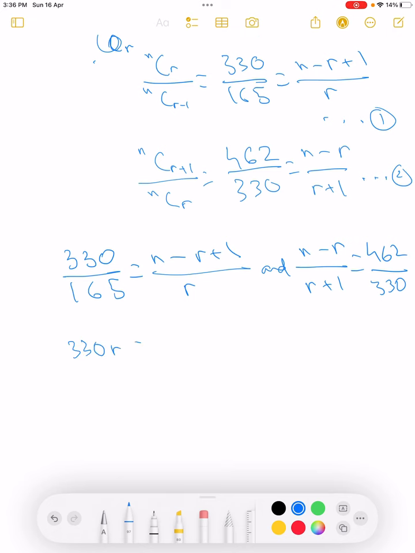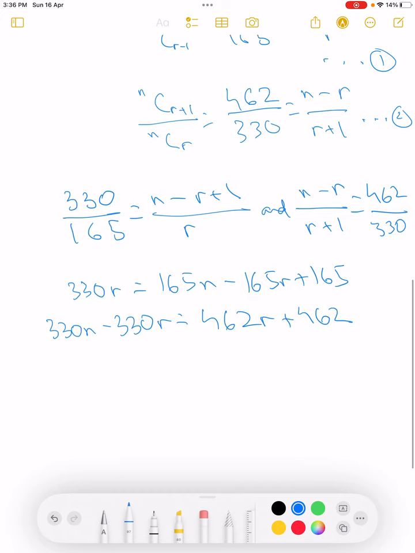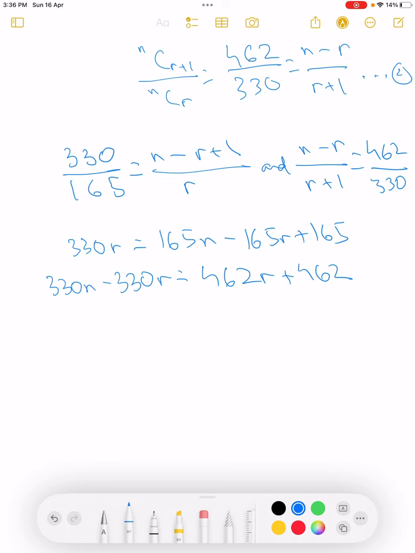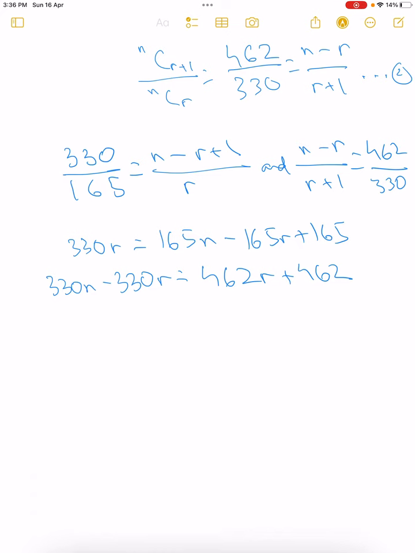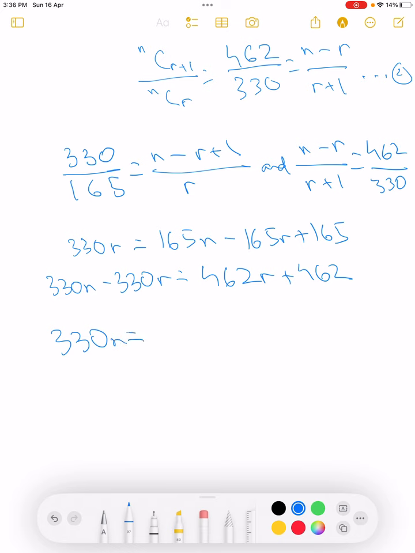This will become, and then we'll be adding these equations.